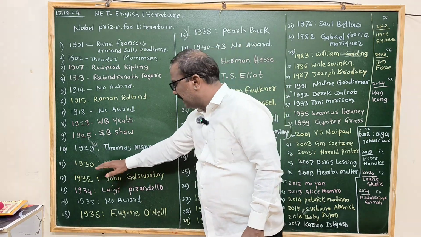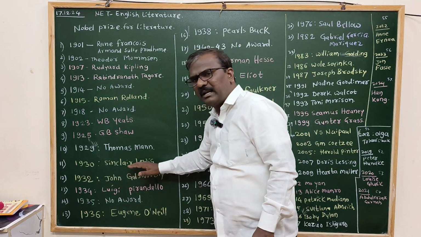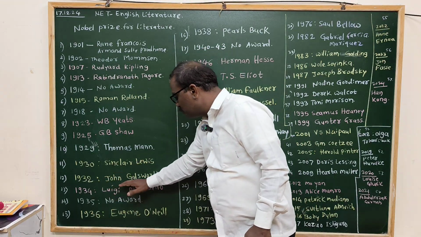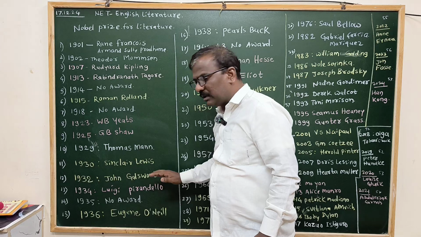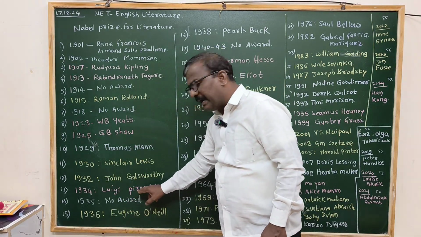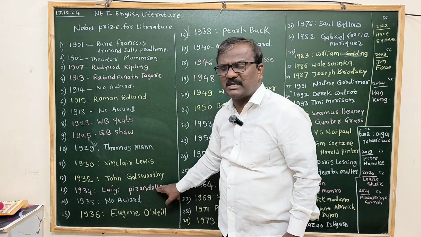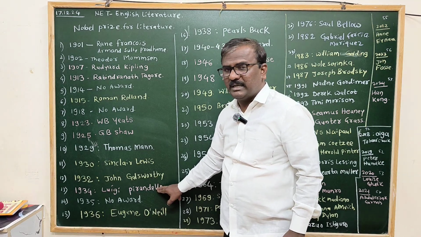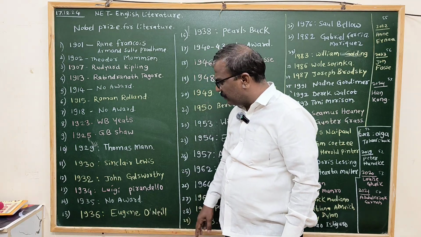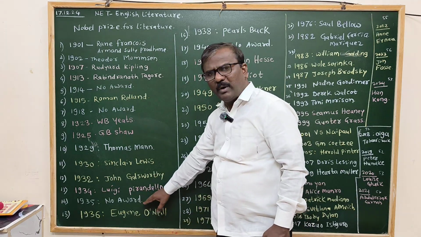1930, Sinclair Lewis. 1932, John Galsworthy. In 1934, Luigi Pirandello, who wrote Six Characters in Search of an Author. 1935, no award.